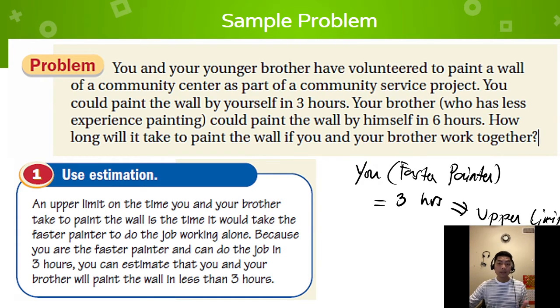When we paint the wall, because we know for sure that you can finish it in 3 hours, then if your brother joins forces in painting the wall, it should take both of you less than 3 hours. Okay? So your brother can do it in 6 hours. So if you can do it in 3 hours, then if your brother would add in the work, it should take you less than 3 hours.